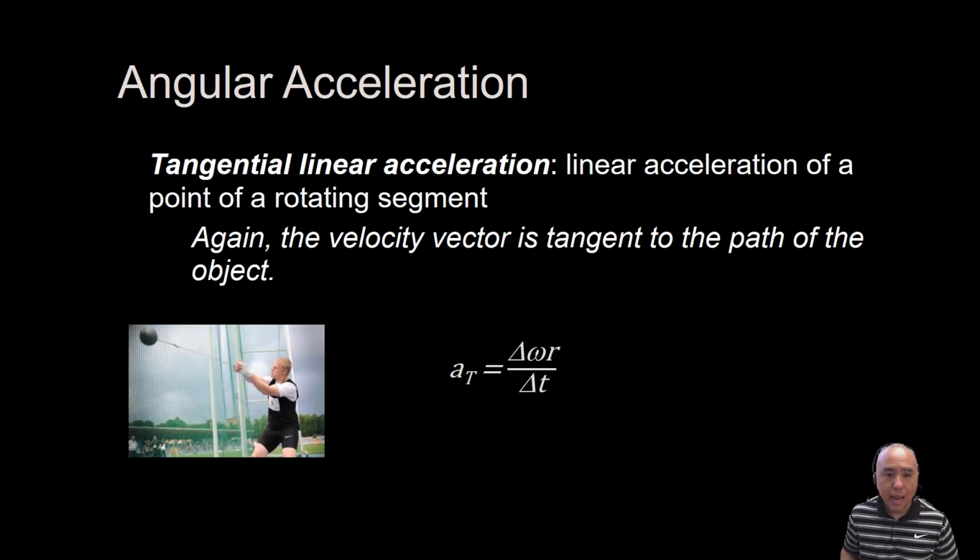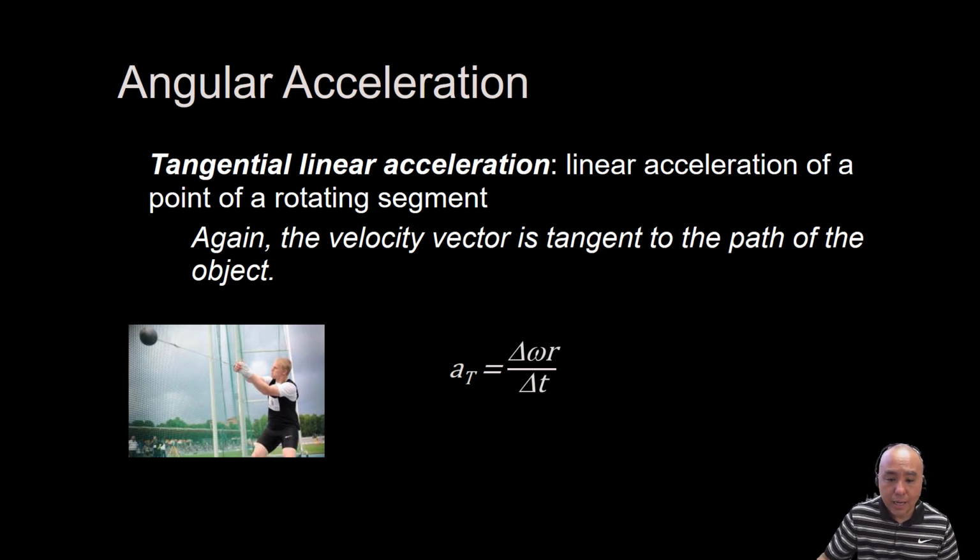Now, for the linear kinematics involved with angular acceleration, there are actually two. In angular velocity, we only talked about tangential linear velocity, but in angular acceleration, there's tangential linear acceleration as well as centripetal acceleration. The tangential linear acceleration is just the linear acceleration of a point on a rotating object, a rotating segment in this case.